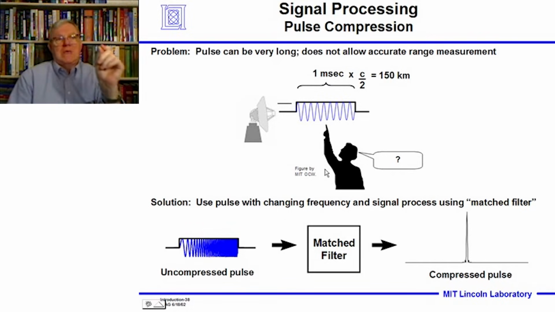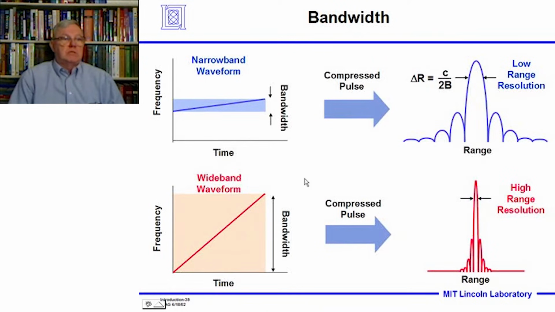We can see where within that pulse the actual target is, get our range resolution down, and at the same time have a big wide pulse with lots of energy to see the target. I'm going to spend a big chunk of one of the lectures on pulse compression and a lot on signal processing. Now this talks about the whole concept of bandwidth.